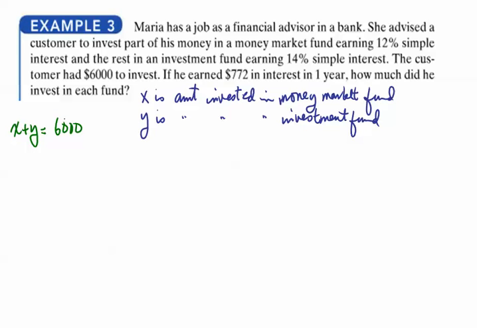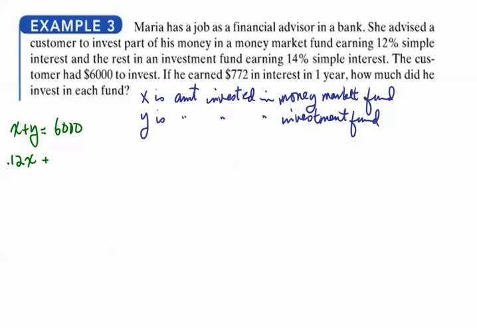Then let's talk about the interest that she earned. Well, in the money market fund, she earned 12% simple interest. So if we were to take the amount that she invested in the money market fund and multiply that by 0.12, we would get the simple interest that she earned on that part of her investment.